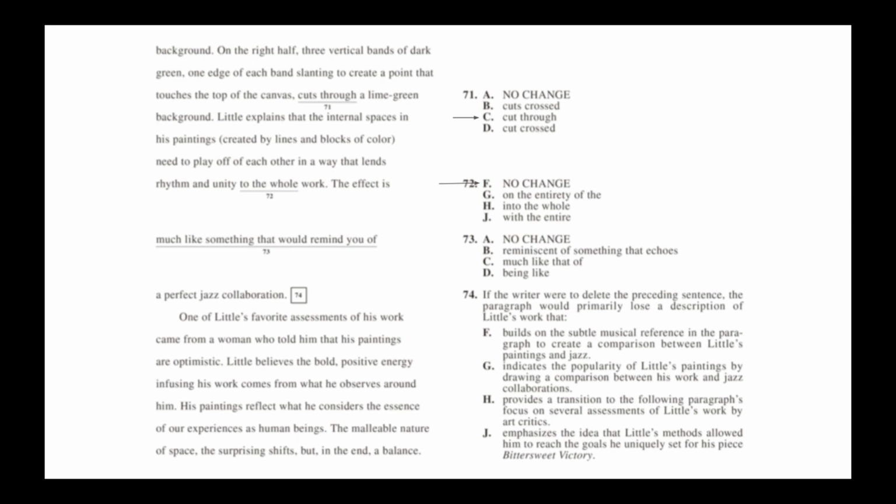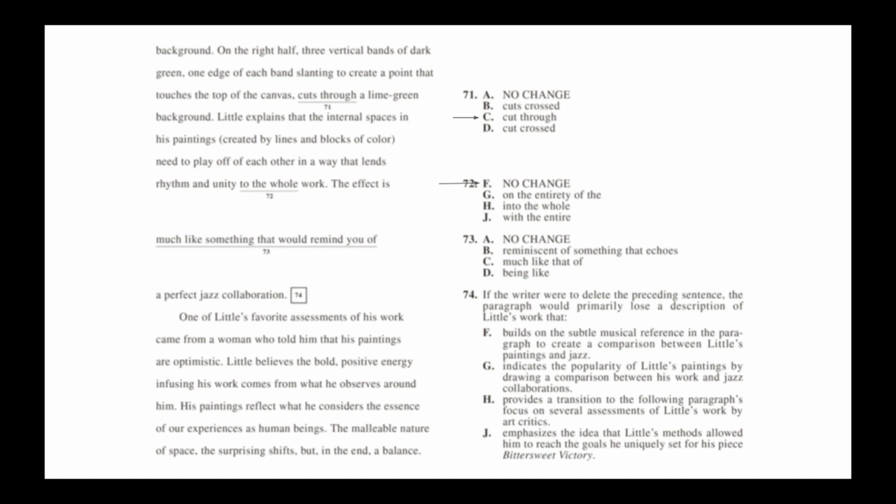If we substitute B, the effect is reminiscent of something that echoes a perfect jazz collaboration. That makes sense, but it again is too wordy, and it is using words that aren't necessarily needed. If we substitute option C, the effect is much like that of a perfect jazz collaboration. That works.